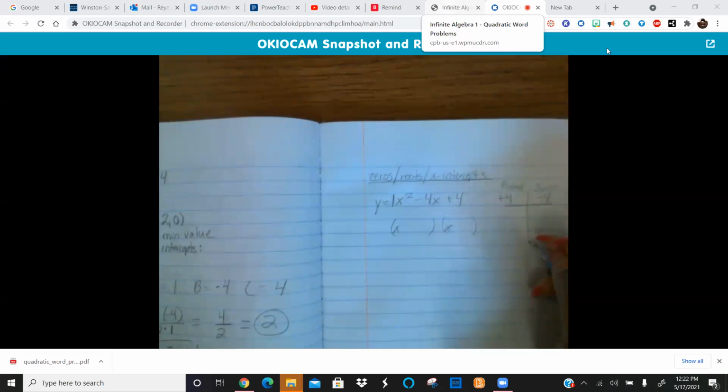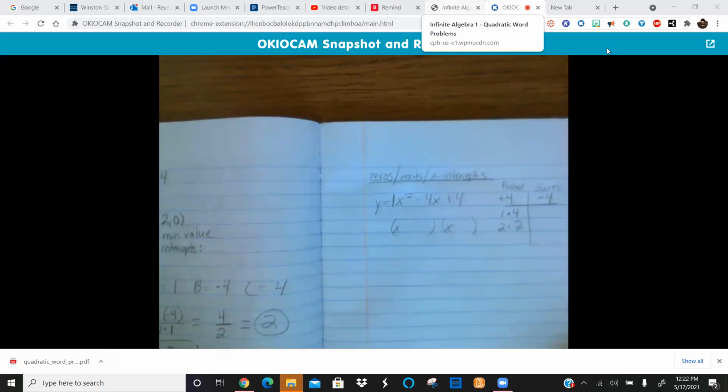What two numbers do you think? Let's just start listing. We only got 2 sets of numbers that can really be multiplied together. We got 1 and 4, right? 1 times 4. And then we have 2 and 2, right? That's all I can think of, integer wise.